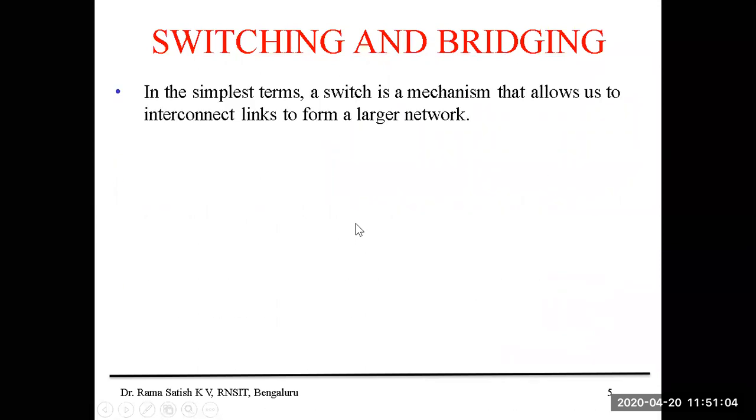And of course, switching and bridging. In the simplest terms, a switch is a mechanism that allows us to interconnect links to form larger networks. This is one very important thing.